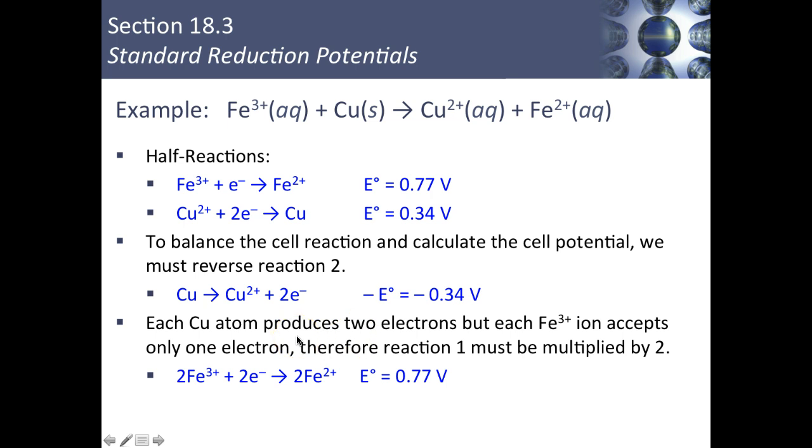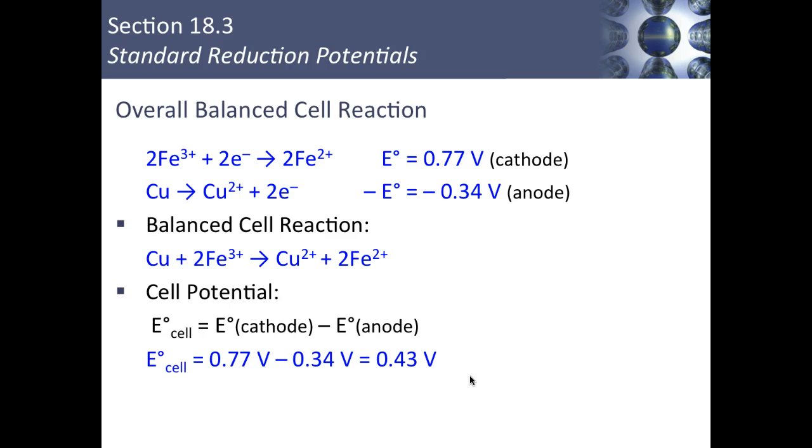Now, of course, balancing out what we have here for our iron, notice that our standard cell potential for our iron doesn't change. Even though we multiplied the number of electrons, it doesn't change that value. It doesn't change our standard potential. Now, once we have everything balanced, it's just a matter of plugging it into our formula.